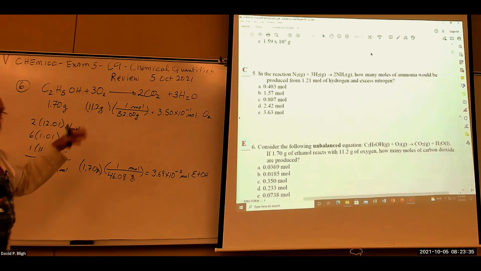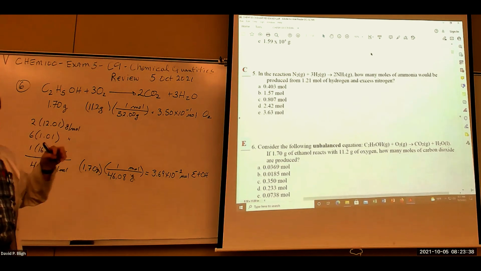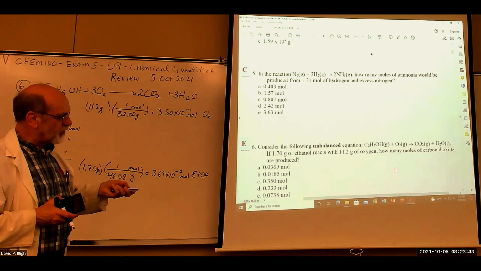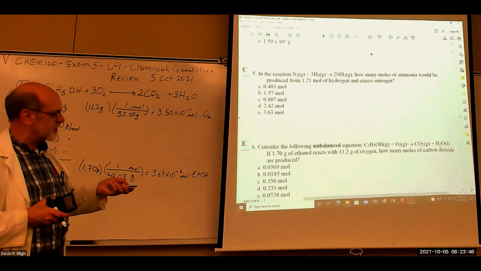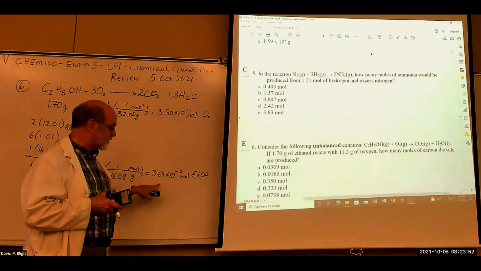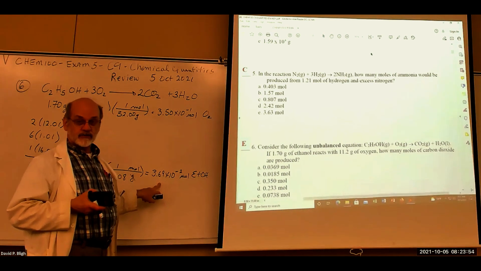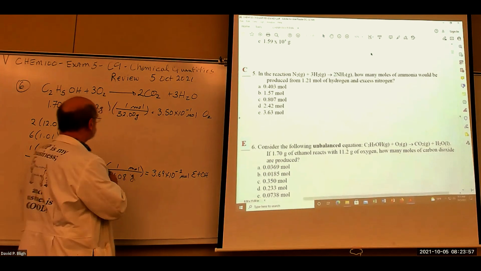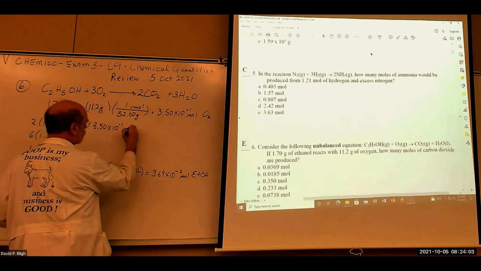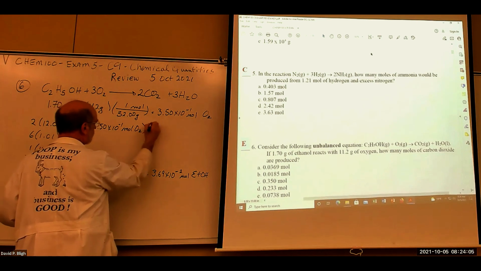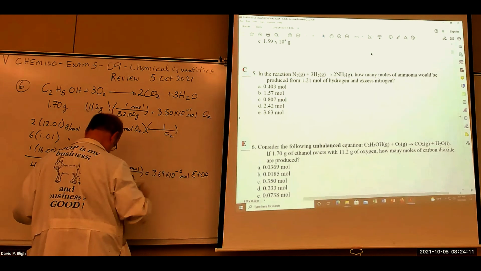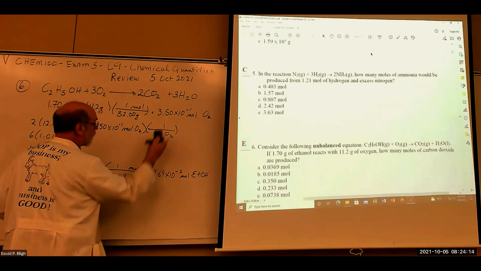Okay, now that we know the moles of each of our compounds, we can determine which one is limiting. Since the problem asks us about moles of carbon dioxide, let's convert this into moles of carbon dioxide and convert this one into moles of carbon dioxide and see which one is the smaller. So if we have 3.50 times 10 to the minus 1 moles of oxygen, we need a conversion factor to get rid of oxygen and leave us with carbon dioxide.